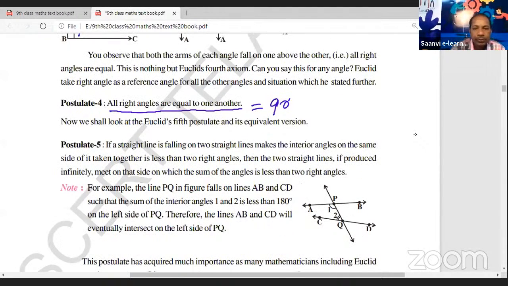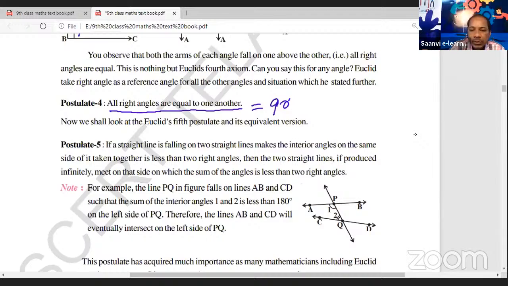And coming to postulate 5. If a straight line falling on two straight lines makes the interior angles on the same side taken together less than two right angles, then the two straight lines, if produced infinitely, meet on that side on which the sum of the angles is less than two right angles.